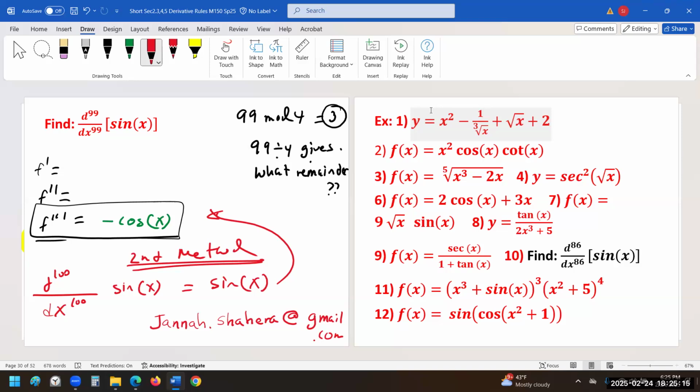Anytime your fraction is a quotient. What's the quotient here?